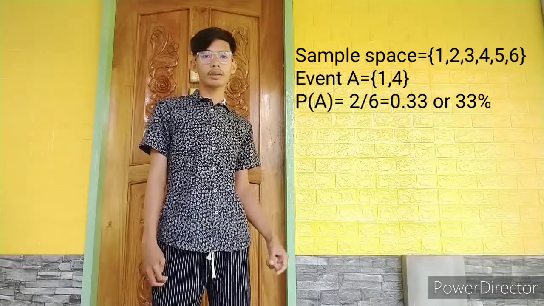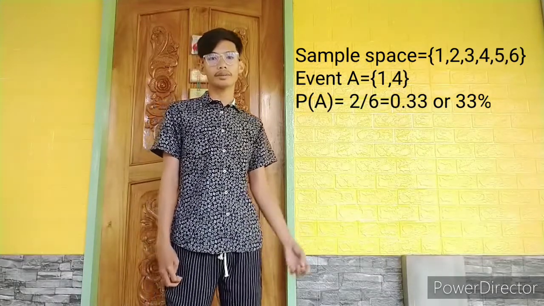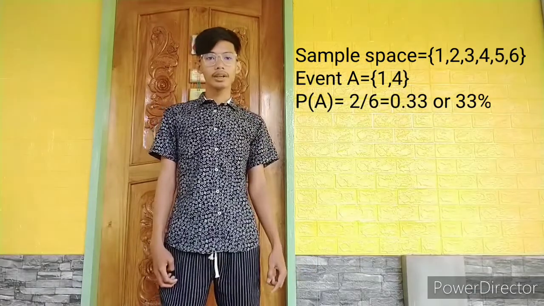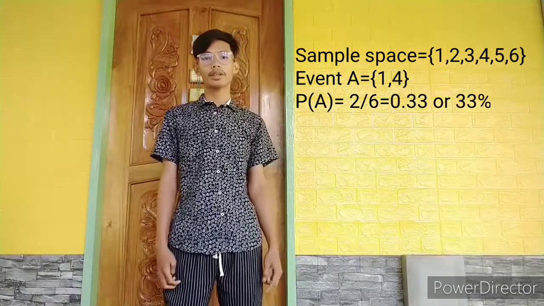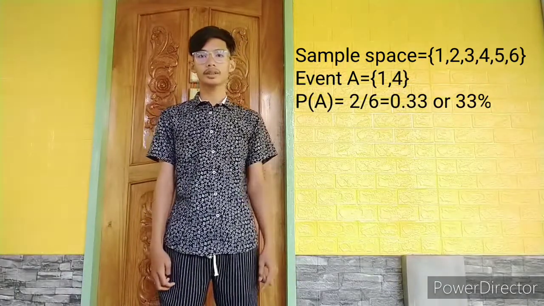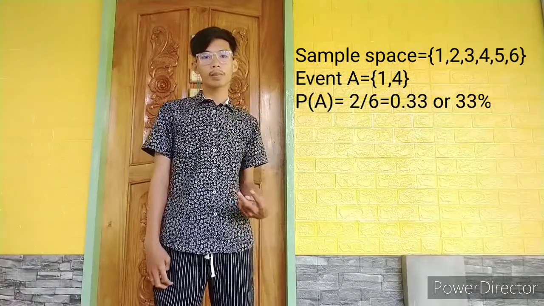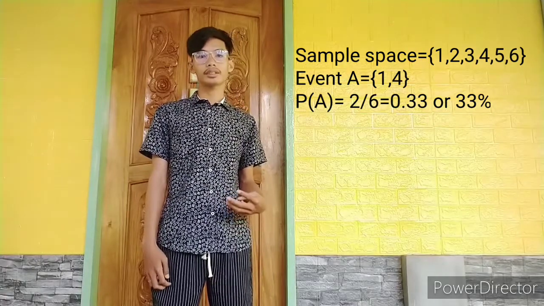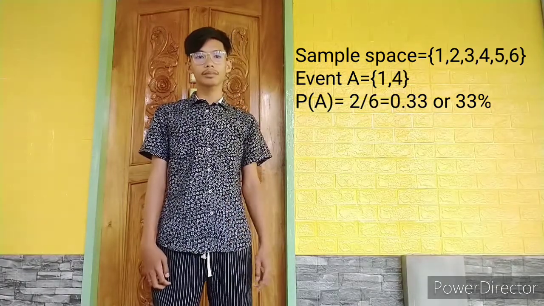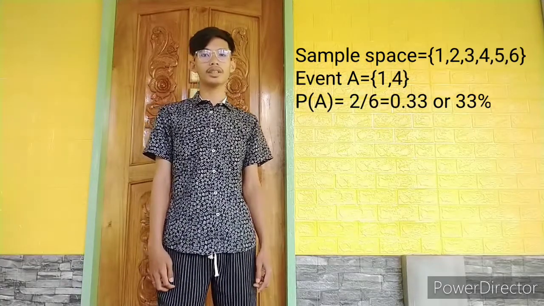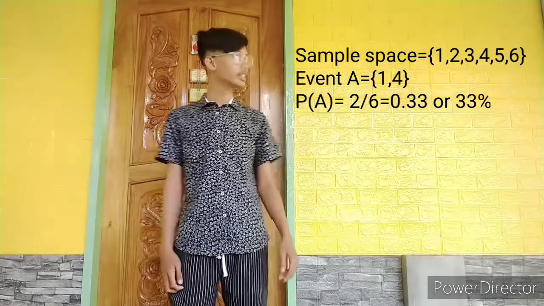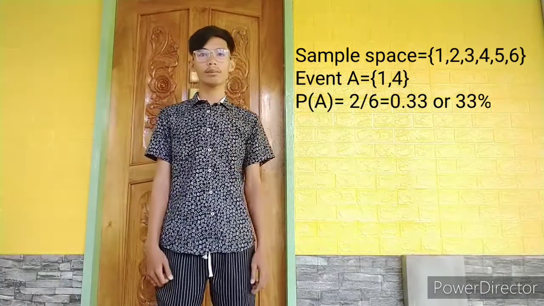So, the perfect squares are 1 and 4. So, the probability of rolling a perfect square is 2 over 6 because we have 2 events and 6 in the sample space. So, 2 over 6 is equal to 0.33 or 33%. So that is the answer for example number 1.